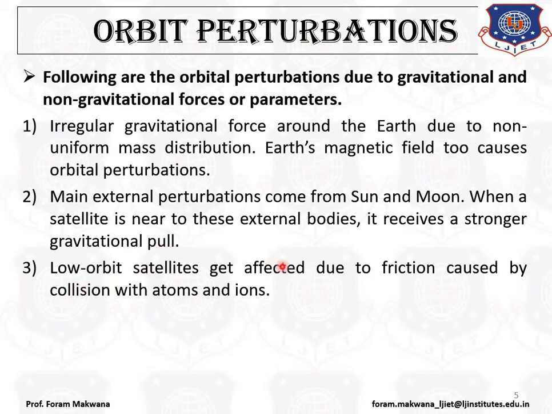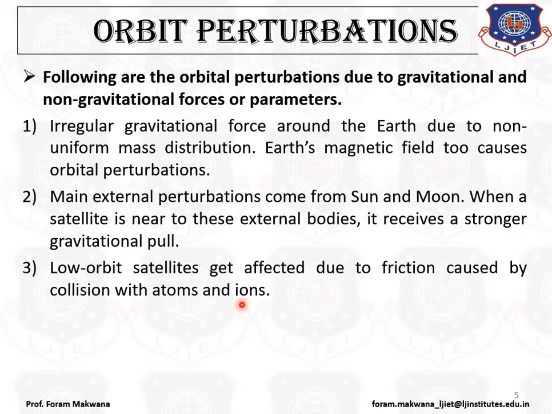The low orbit satellites get affected due to friction caused by collision with the atoms and ions. As we know that the earth has different layers of atmosphere like troposphere, stratosphere, ionosphere. So the ionosphere is composed of different atoms and ions.